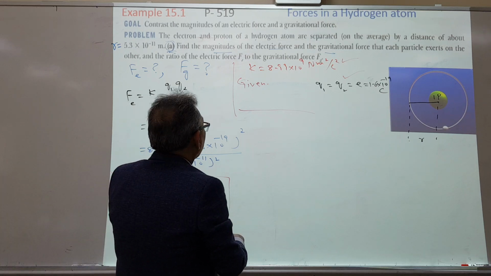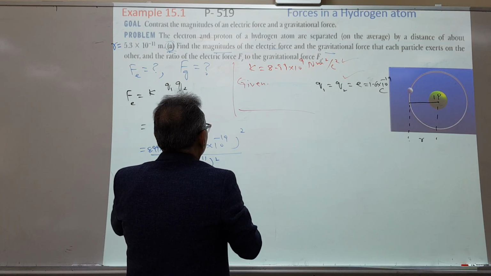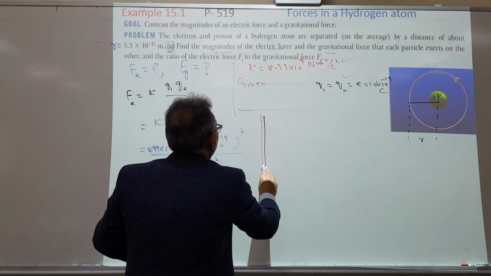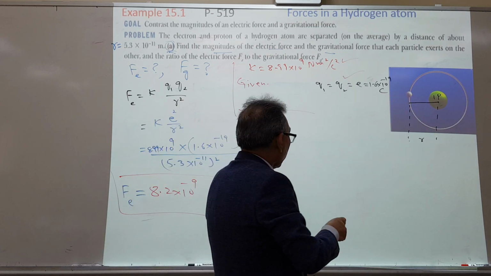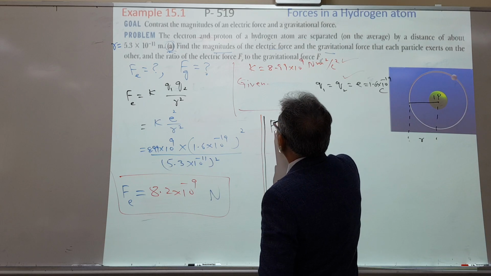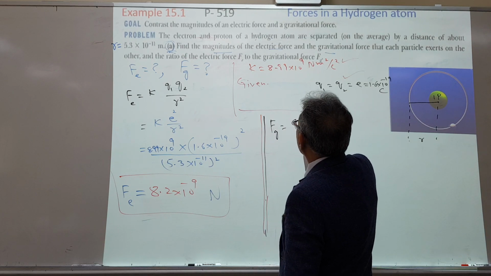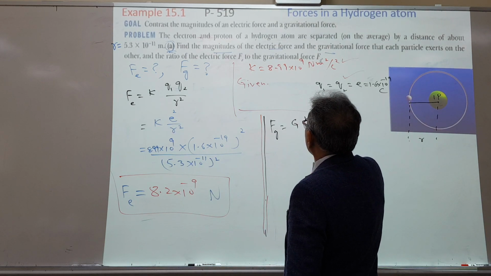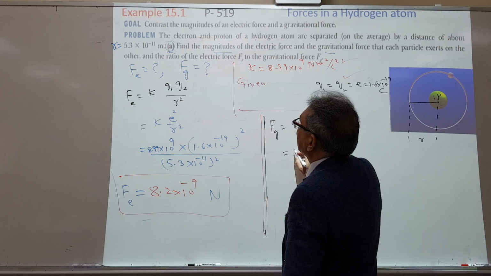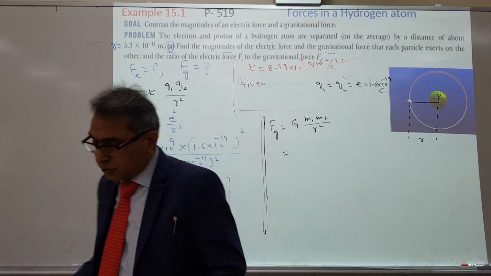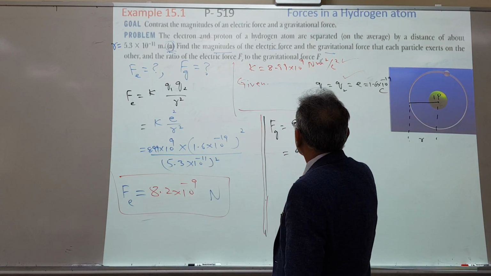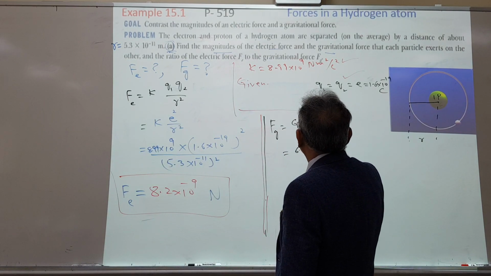Now we are going to do the gravitational force. Gravitational force is equal to G M1 M2 over R square, we just finished, the gravitational force between the two point masses. So G is given to you, 6.67 times 10 to the minus 11.